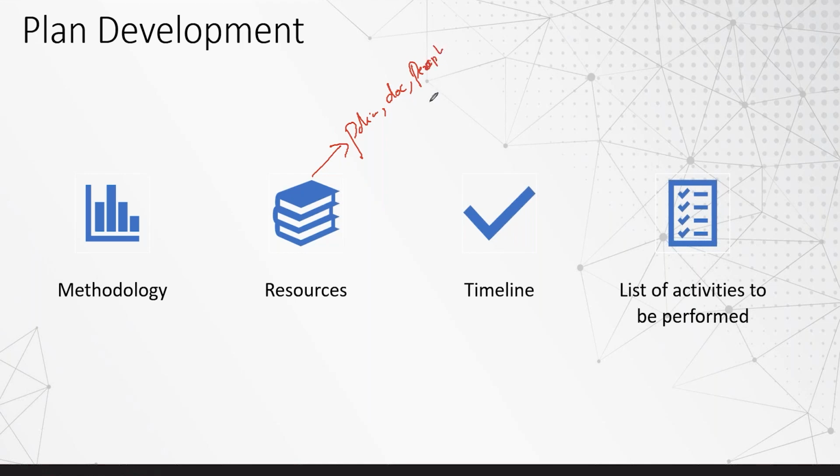It can be the AWS expert or a security engineer, whoever is going to help you in the process. Resources are who all must be involved in this particular process.